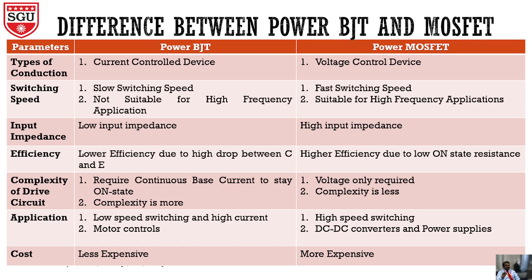Power MOSFET is a voltage control device, applicable for fast switching applications, with high input impedance and high efficiency due to low on-state resistance. Only voltage is applied, so the complexity of the driver circuit is very less. It is applicable for high speed applications such as DC to DC converters and power supplies, and it is more expensive. With this we conclude today's session.